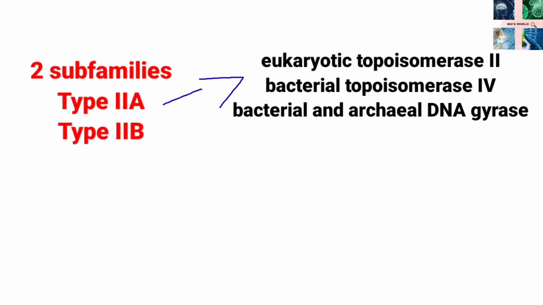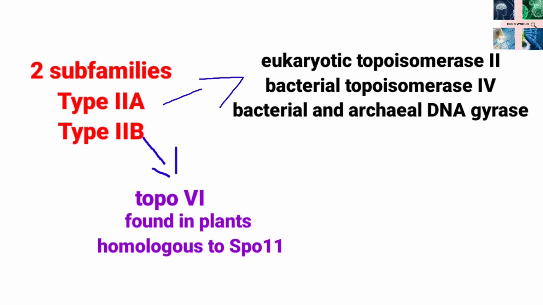Whereas topoisomerase 2B includes topo 6, which is found in plants and is homologous to SPO11 present in Saccharomyces cerevisiae.